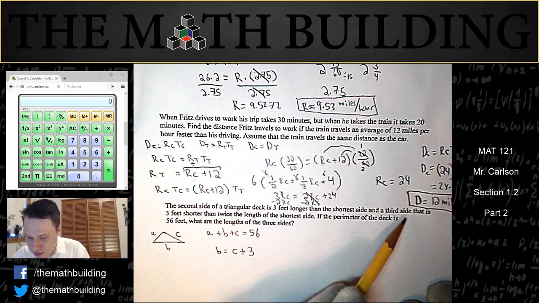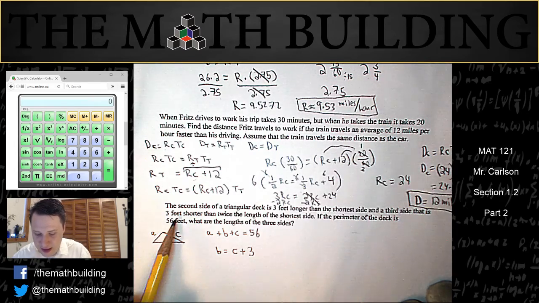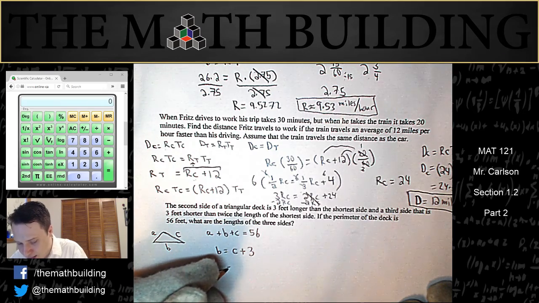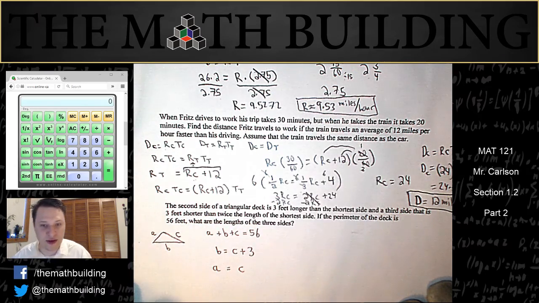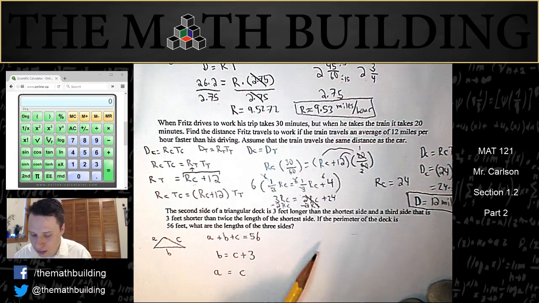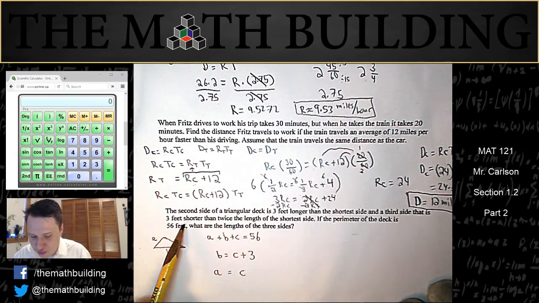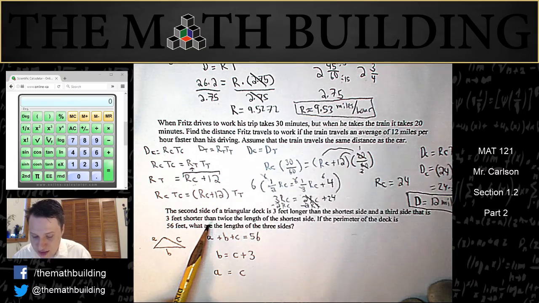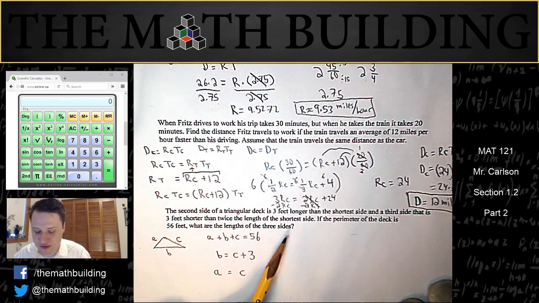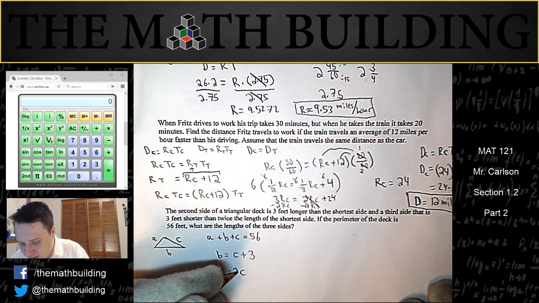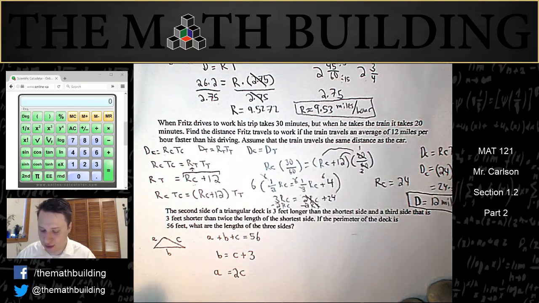Let's use the next piece of information. It says the third side, A, is 3 feet shorter than twice the length of the shortest side. So let's compare A and C now. Again, we'll write A equals C, even though we know that's not true. Twice the length, let's do that first. Twice the length of the shortest side, we would just multiply by 2.